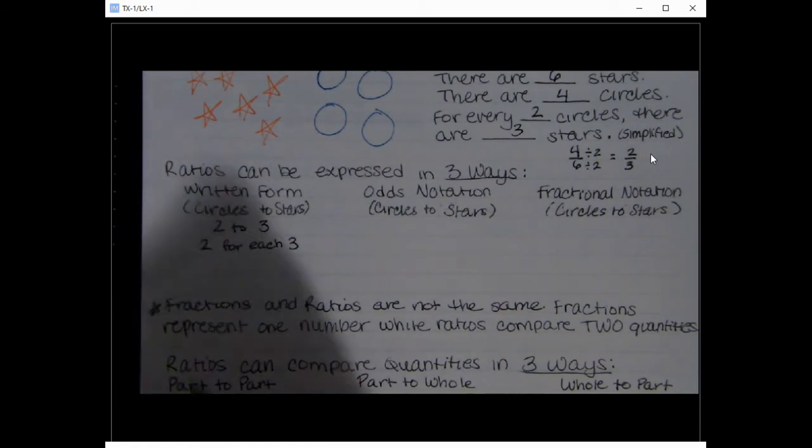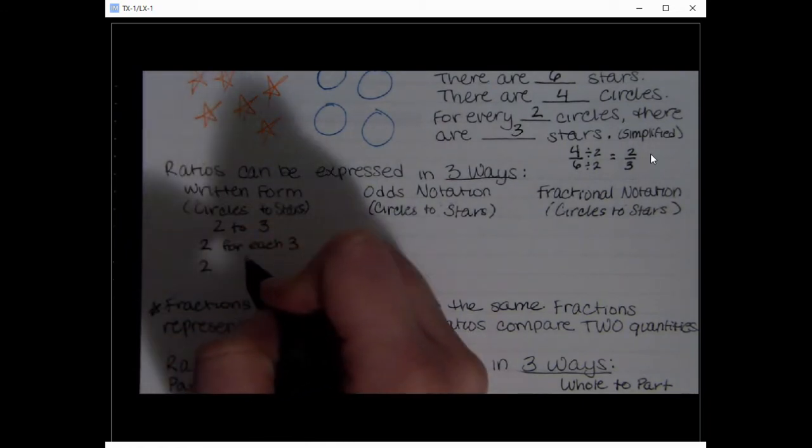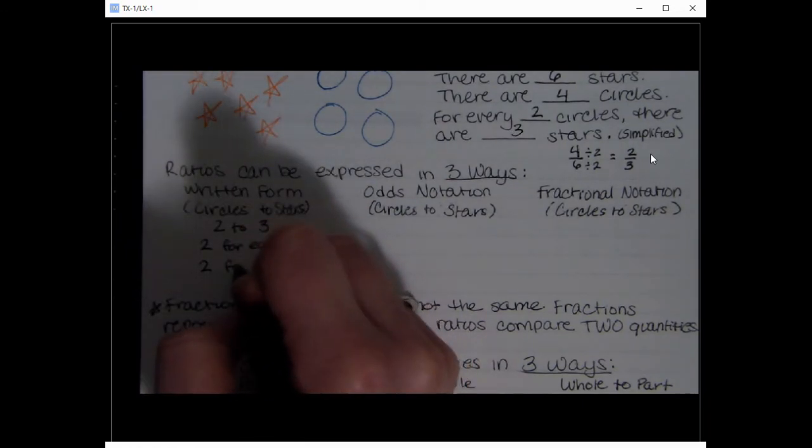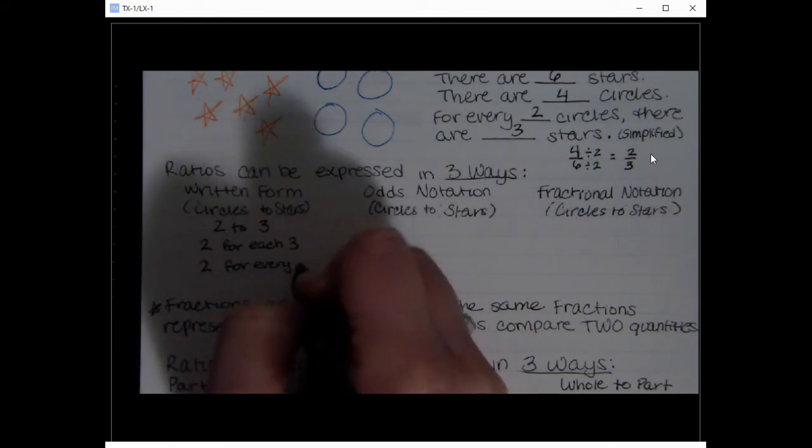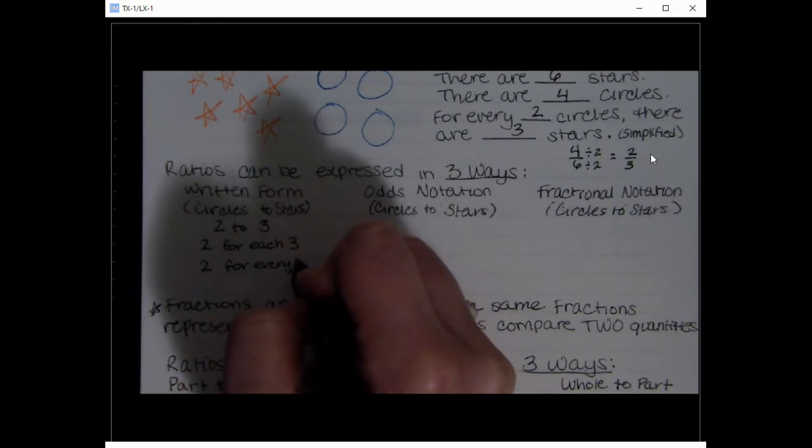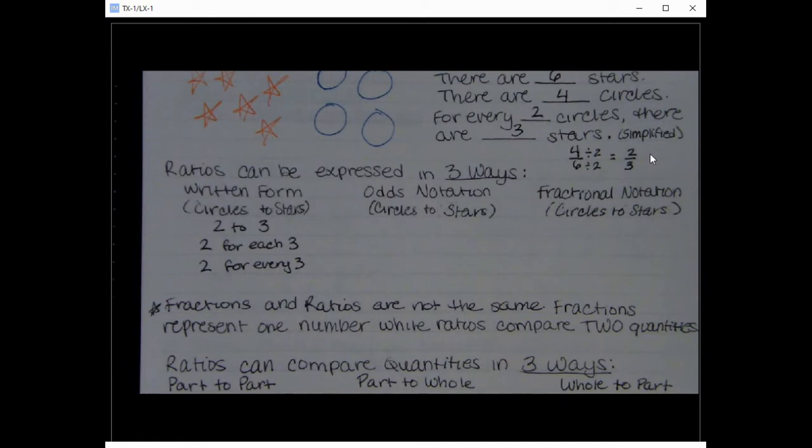And I also can say there are 2 circles for every 3 stars. So again, all we're doing is comparing the amounts. We're comparing the amount of circles and the amount of stars. And there's a variety of ways to say it. Written form is just one of them.